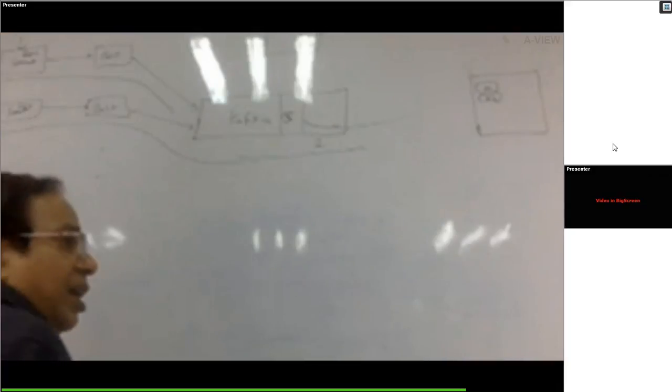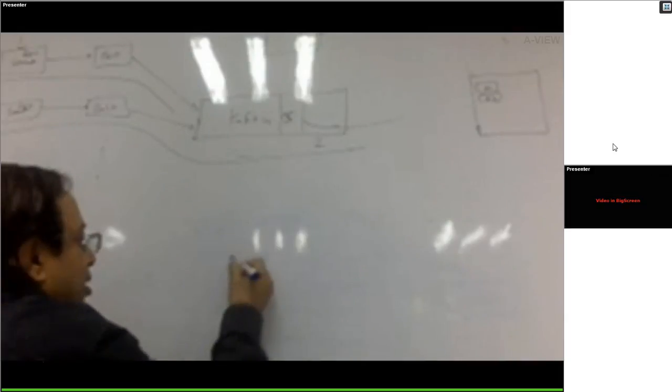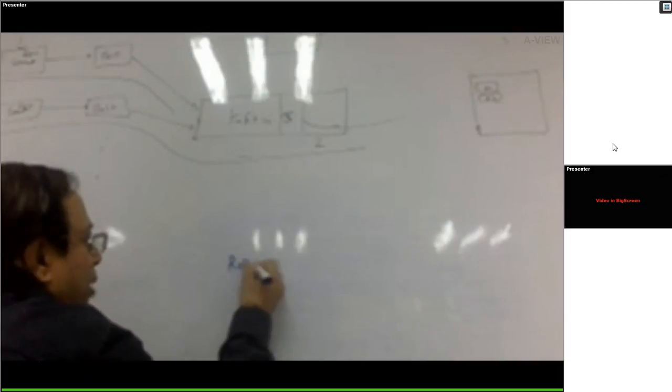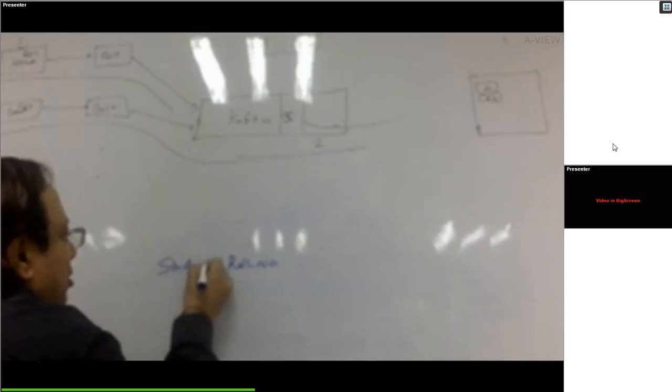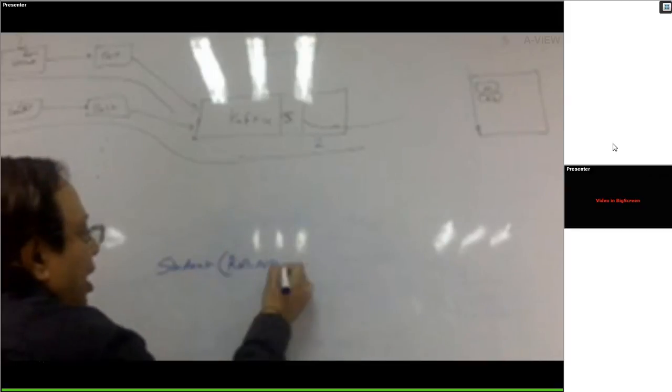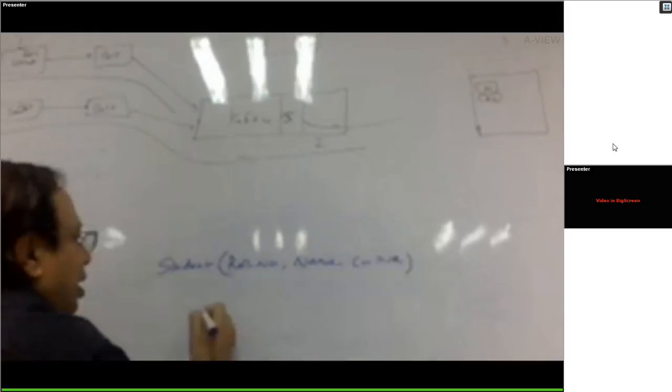Okay, right. So, for example, in the previous case, the roll number is the key in the student relation. Then you have the name, and then you have the course that the student is doing.